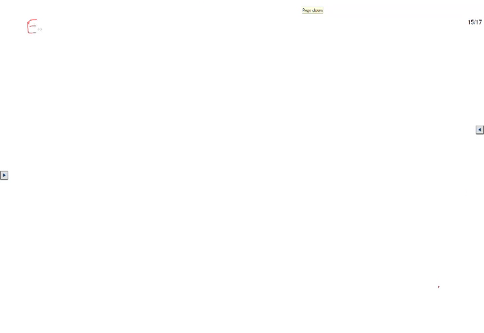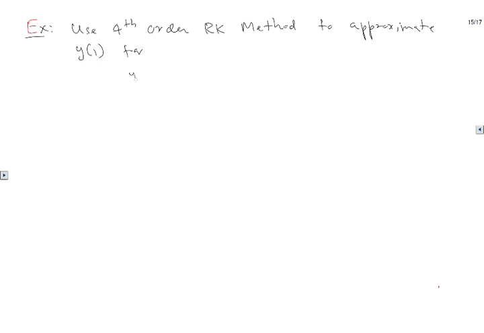The exercise: use the fourth order Runge-Kutta method to approximate y1 for y prime equals y minus t squared plus 1, where t is between 0 and 1, and y0 equals 0.5, with, let's say, h equal 0.2, because we don't want to do too much. Even with 0.2 you have to do 5 calculations.